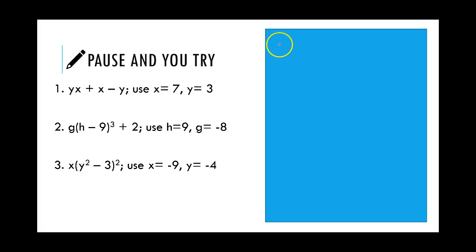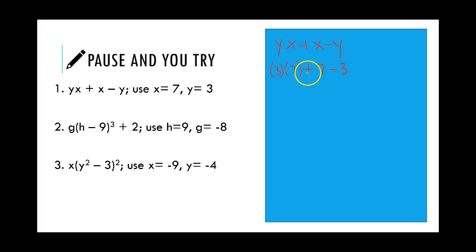Okay, so the first one is yx plus x minus y. So x is 7 and y is 3. So I have y times x. Y is 3, x is 7, plus x again, which is 7, minus y, which is 3.